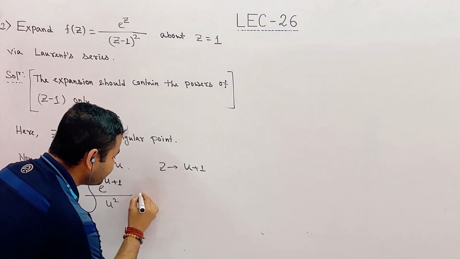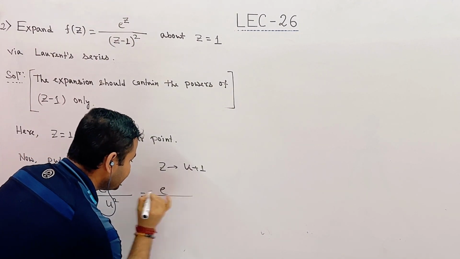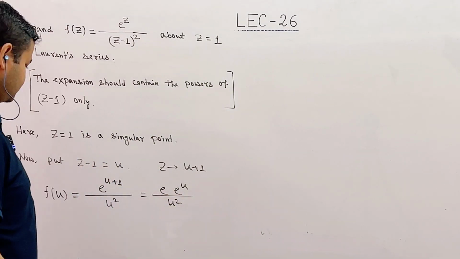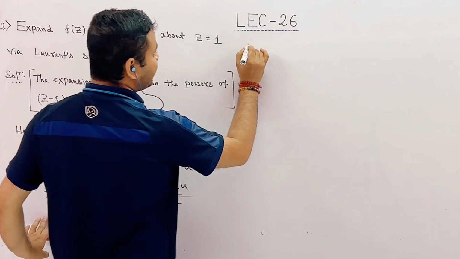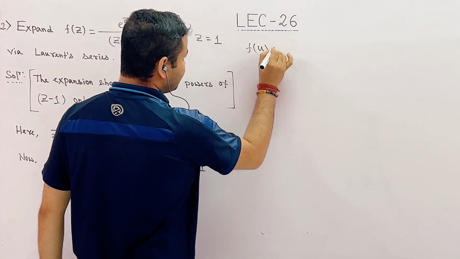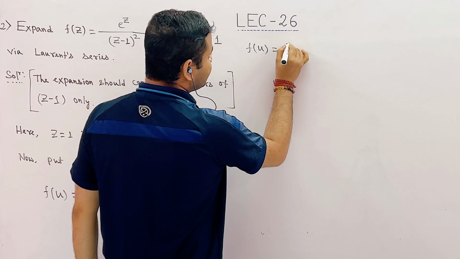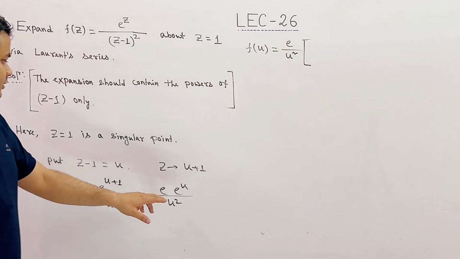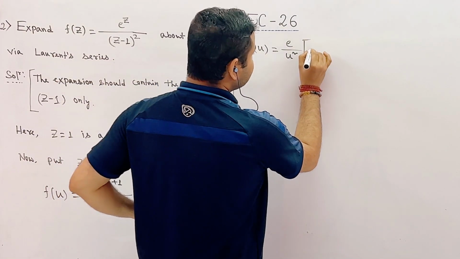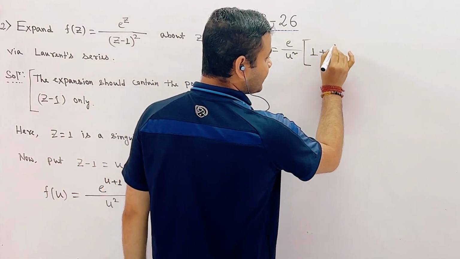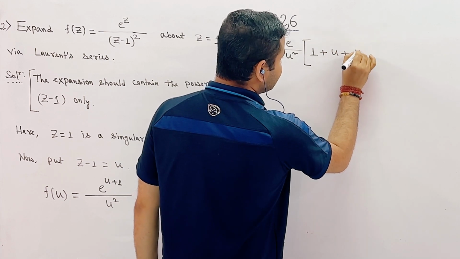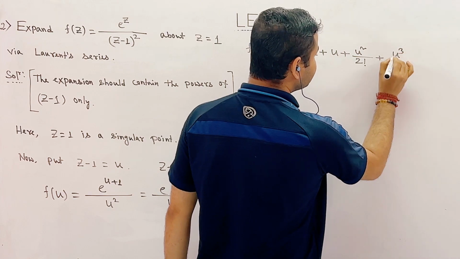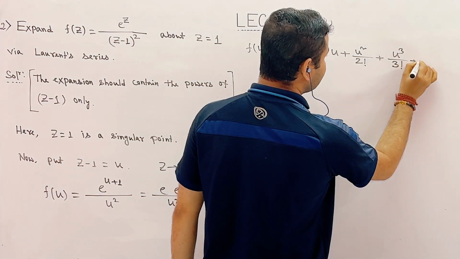So this term can be written as e into e to the power u divided by u square. So finally, we can write f of u is equal to e by u square into, we know e to the power u is equal to 1 plus u plus u square divided by 2 factorial plus u cube divided by 3 factorial plus dot dot dot.